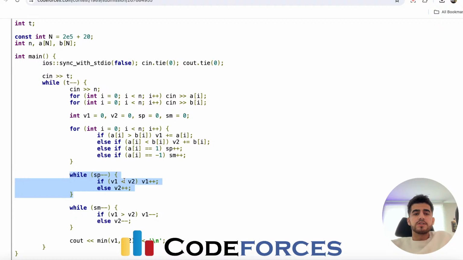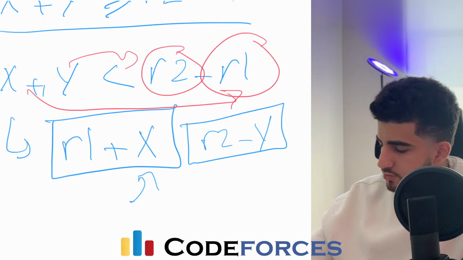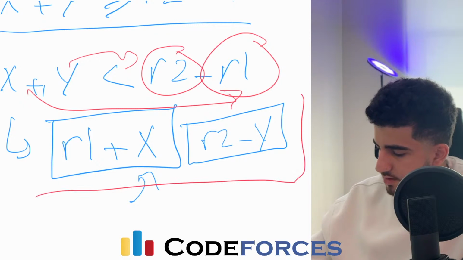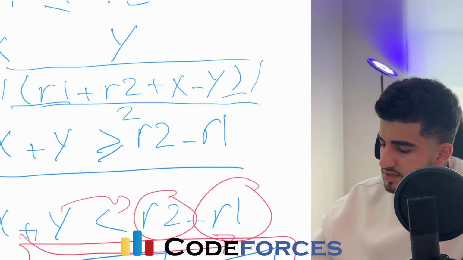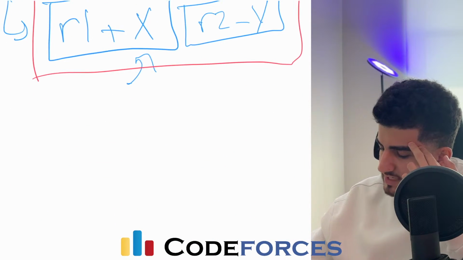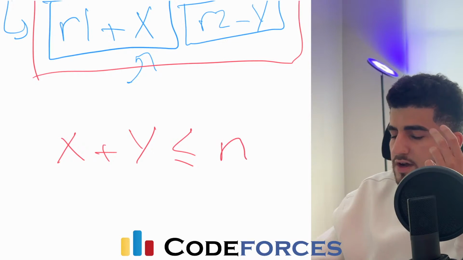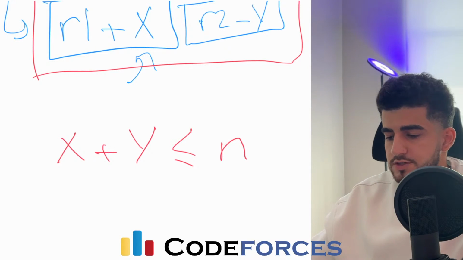I could also use this math that I showed you here, but it is not even necessary, because the number of x and y, x plus y, is at most n. So even if I do a while loop, that would also work.